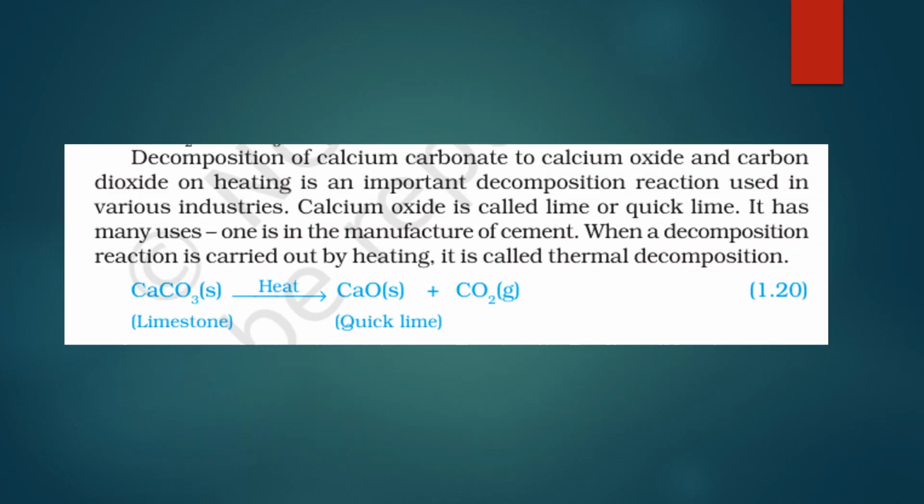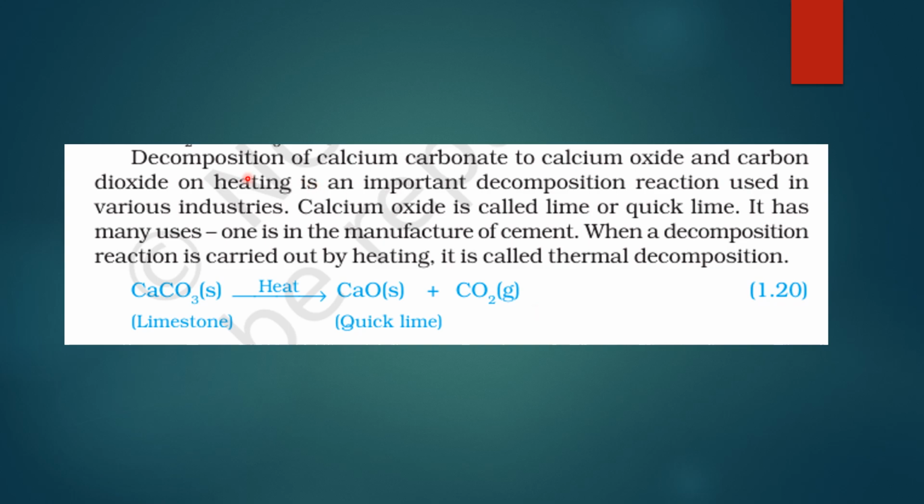अब हम एक और example लेते हैं. Another example is the decomposition of calcium carbonate. If we see this chemical equation, on the left hand side there is only one single reactant, and on the right hand side there are 2 products, and they are simpler products.